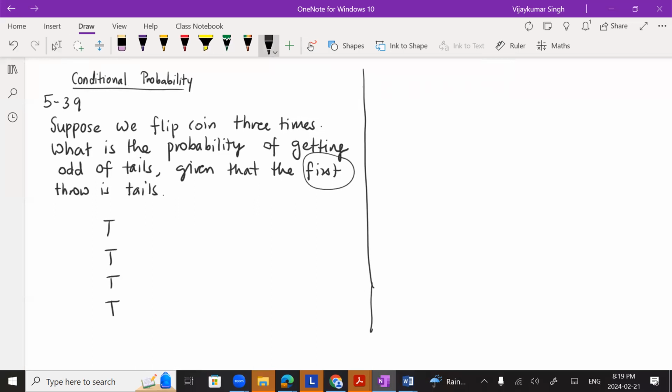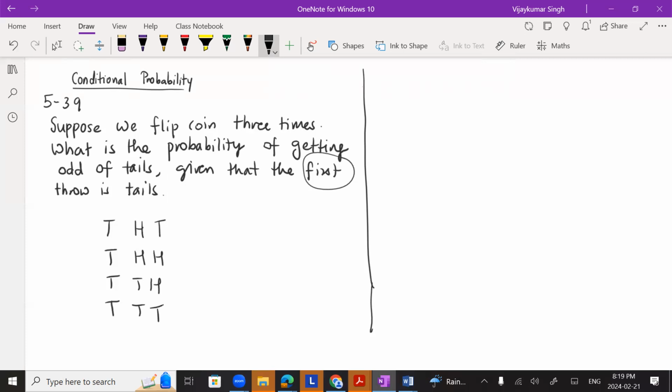So the first one is tail. That is known to me. Then the second one could be head or tail. So tail, head, head, then tail, head, tail, and so on.